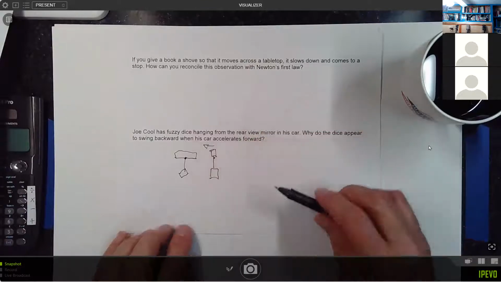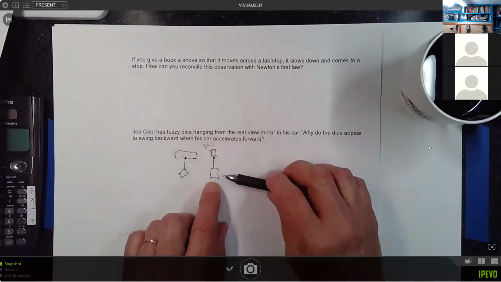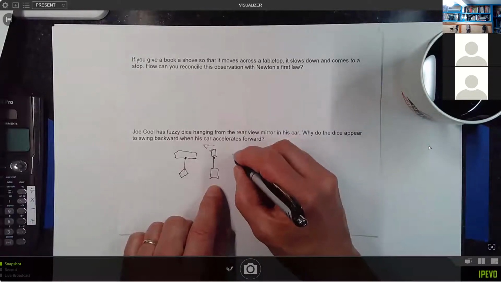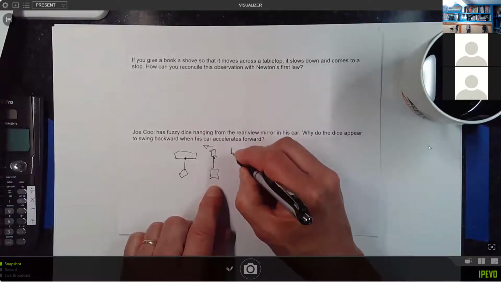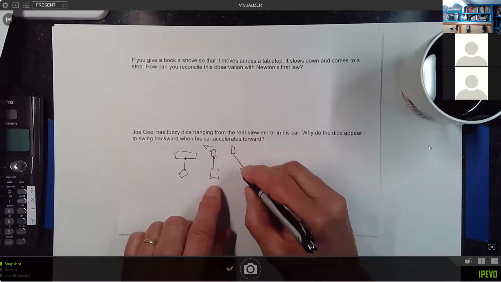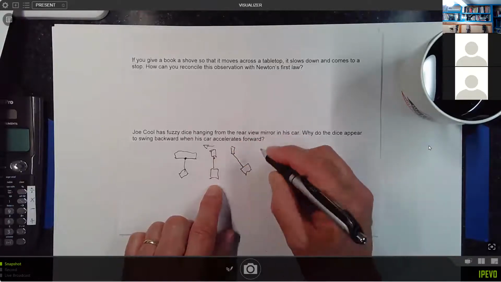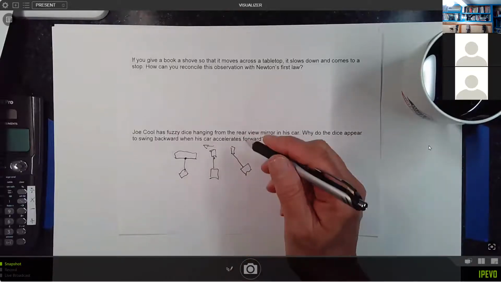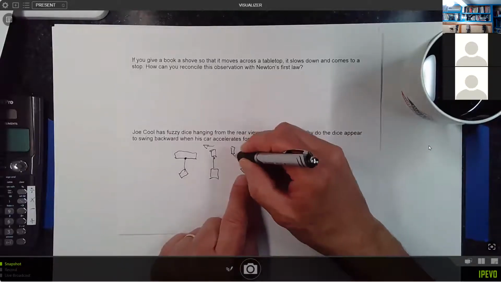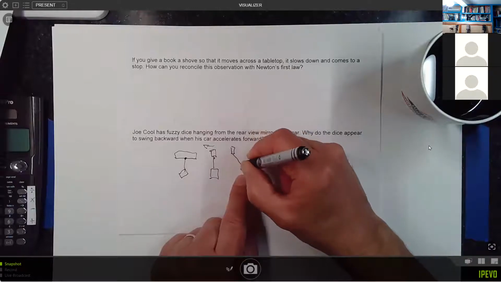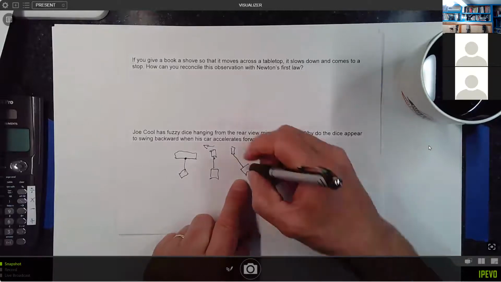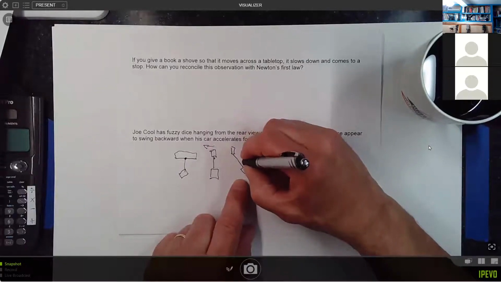But if the car is accelerating forward, the fuzzy dice are going to have to go along somehow. What you'll see under those circumstances is that they'll hang at an angle while the car is accelerating forward. In order for the string they're hanging from to pull them forward, strings exert a force that's right along their line.